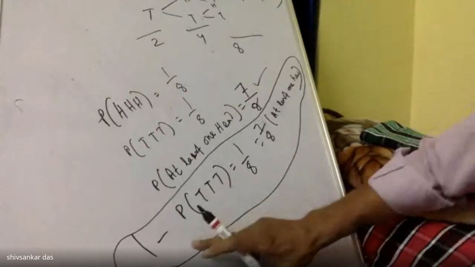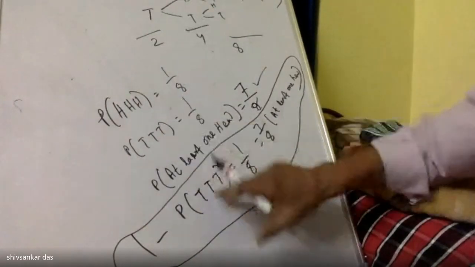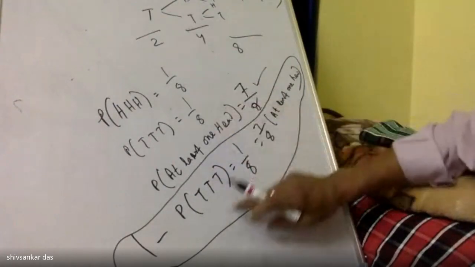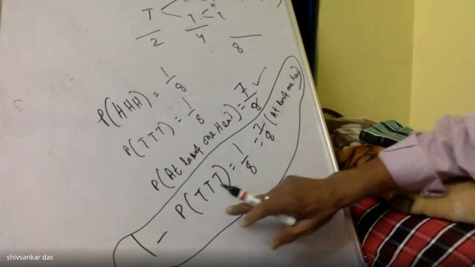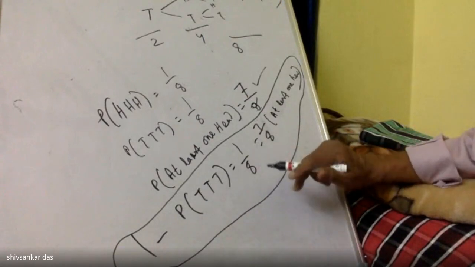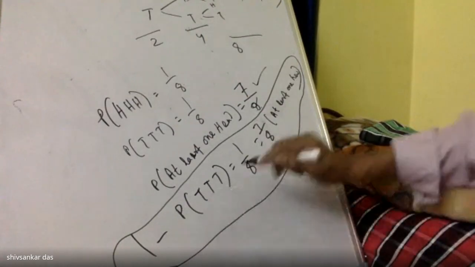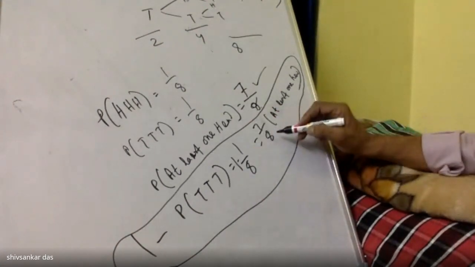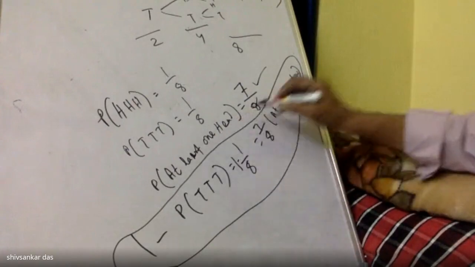No, sir. See, interestingly, 1 minus all tail. All tail is 1 by 8. So 1 minus 1 by 8 is equal to 7 by 8, which is at least one head.